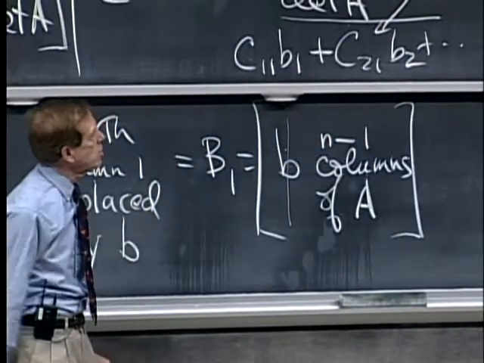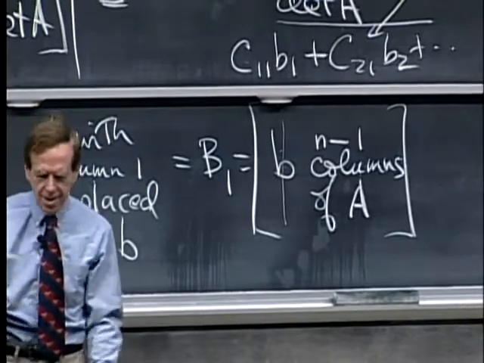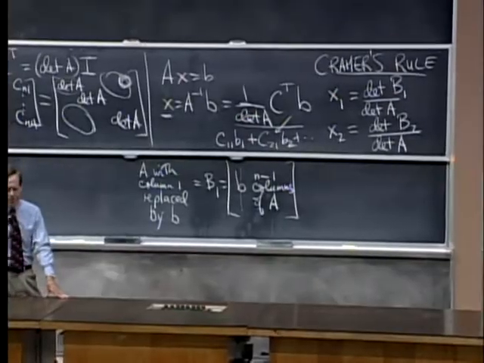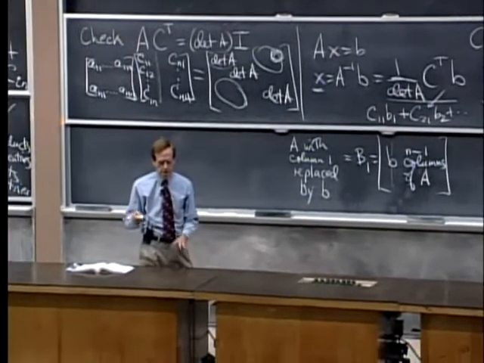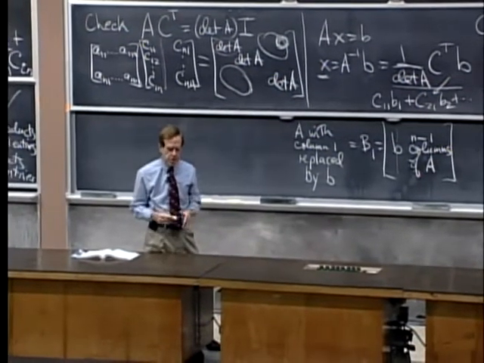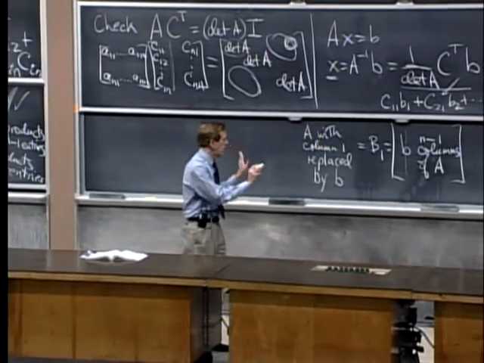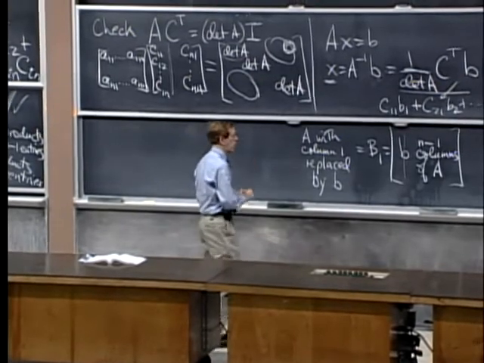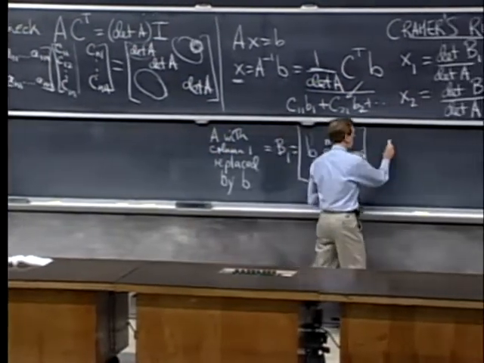So there's Cramer's rule. And the book gives another kind of cute proof without building so much on cofactors. But here we've got cofactors, so I thought I'd just give you this proof. So what is Bj, in general?